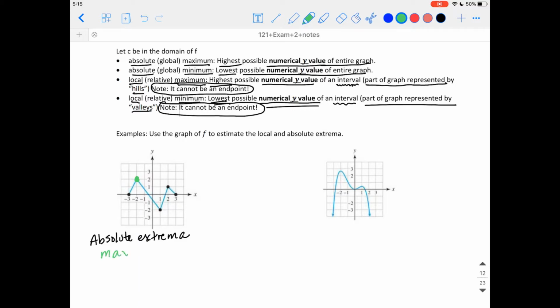So our max is actually 2. So where did I get this 2? This point is negative 2, 2. And again, the maxes and the mins are going to be the y values. So we have an absolute max of 2 at x equal to negative 2.